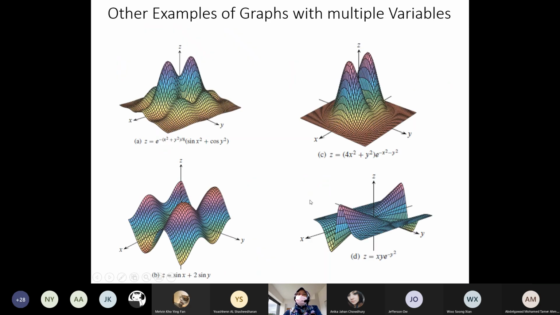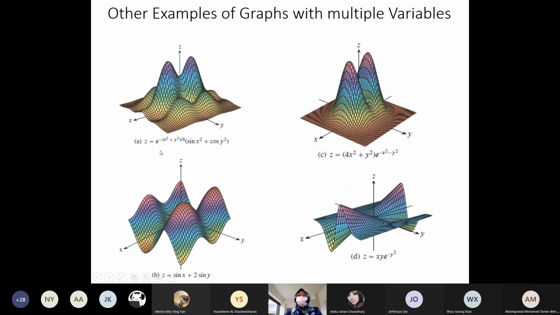This is another example of a graph with multiple variables. When you go deeper into mathematical functions, you will see this kind of graph.